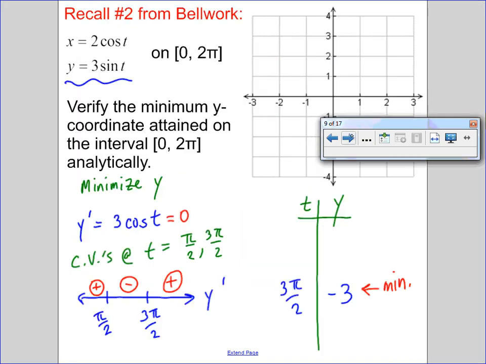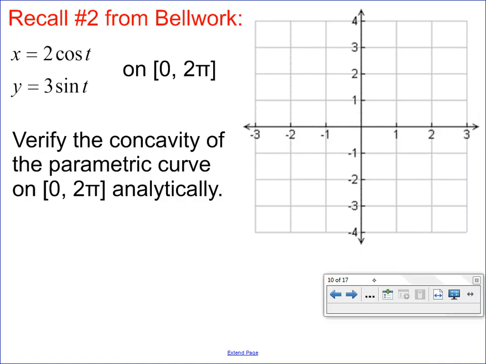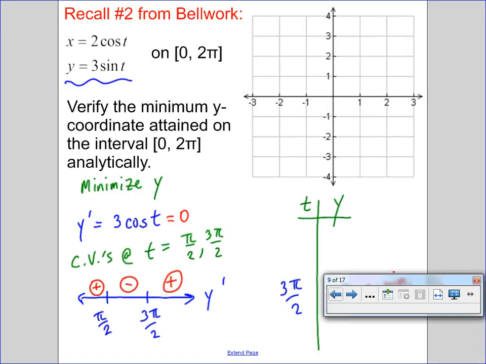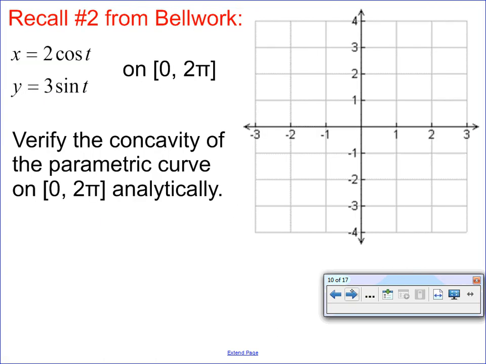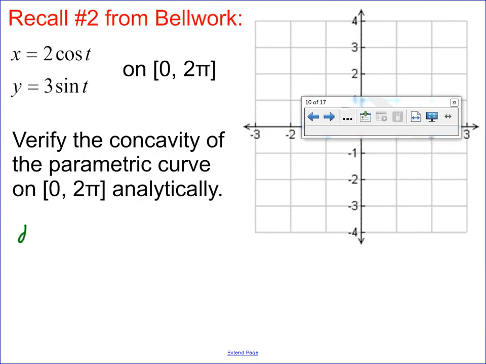So let's go ahead and see what that looks like. Ready, go. So we have our dy dx expression. Can we import that? Our dy dx expression is 3 cosine t over negative 2 sine t. Yes, there's our dy dx. Of course I can't remember that long, so I'm going to just do it again. dy dx is 3 cosine t over negative 2 sine t.